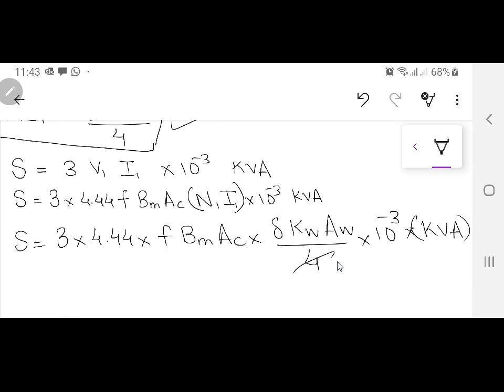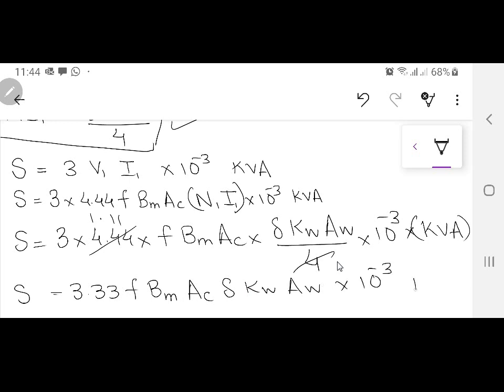Now this 4 and this one, this is 1.11, so the final answer is 3.33 F BM AC delta KW AW into 10 raised to power minus 3 kVA.